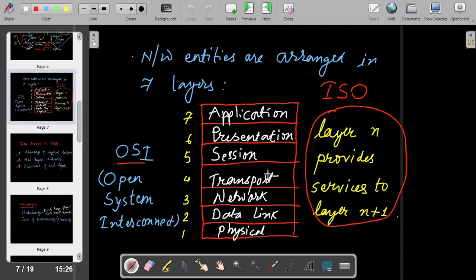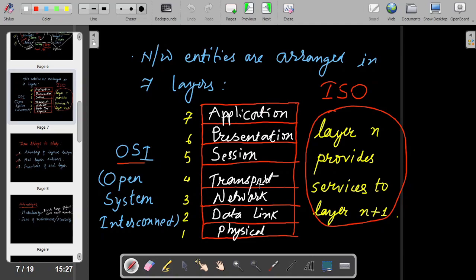If you make some changes in the transport layer, its implementation, that's fine. You need not make changes in the session layer as long as the transport layer provides appropriate services to the session layer. Even you need not make any change in the network layer as long as the transport layer uses the network layer in a predefined way.